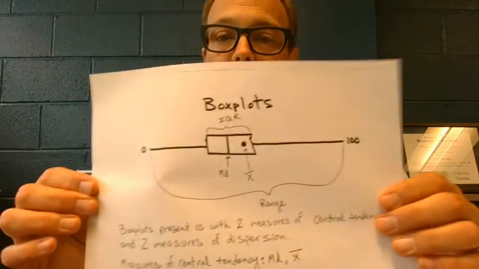Some of you may recall from prior YouTube clips that understanding the shape of a distribution is going to become an increasingly important concept as we move through this semester.